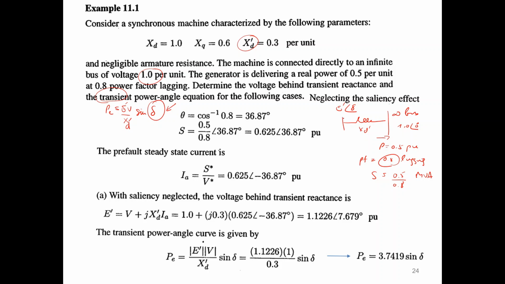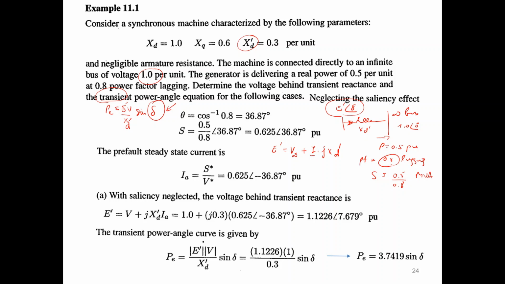Now in order to determine this E prime, you can use the equation. The current will flow from the internal EMF to the terminal, which is now connected to the infinite bus. So you can say that E prime is equal to V at the infinite bus plus the current times jXd prime.